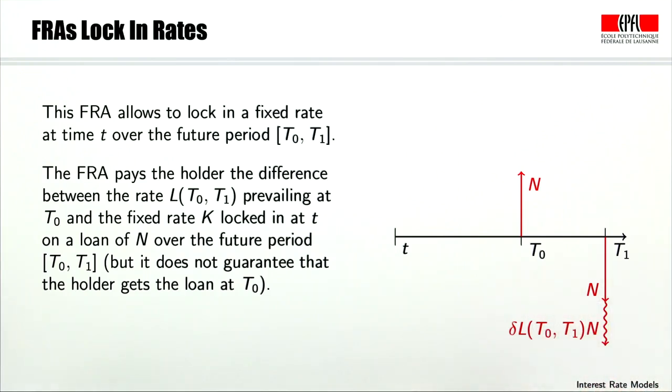Suppose you know you're going to take a loan with notional N at time T0. According to then prevailing market conditions, you would have to pay back the loan along with the simple rate L(T0, T1). Suppose you dislike the uncertainty of this interest cash flow today, and instead you want to lock in a rate K that is fixed today that you're going to pay on this loan.